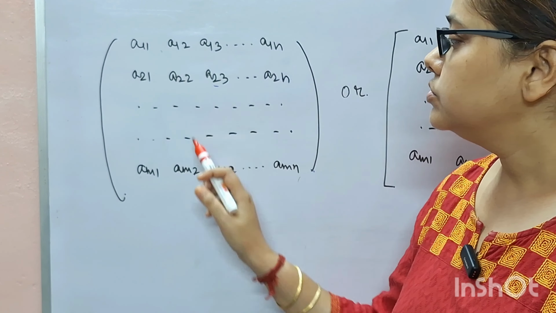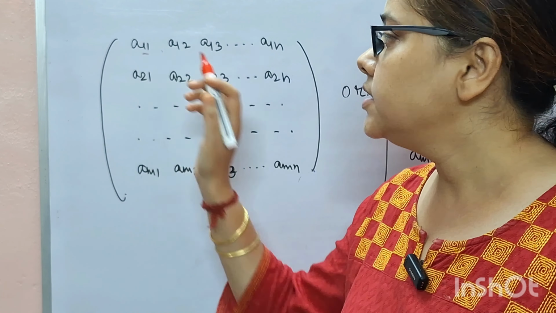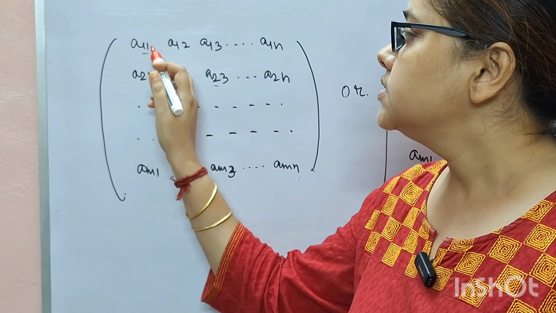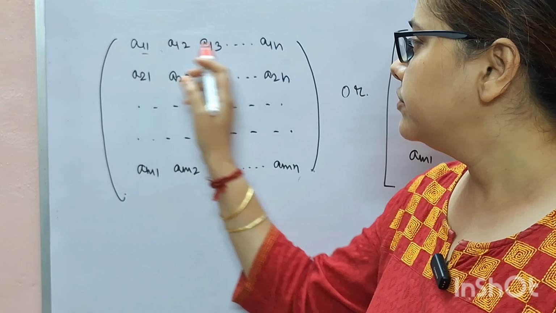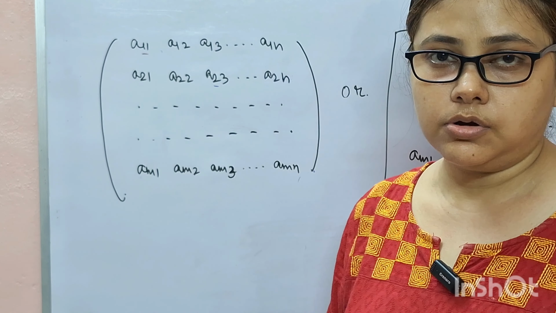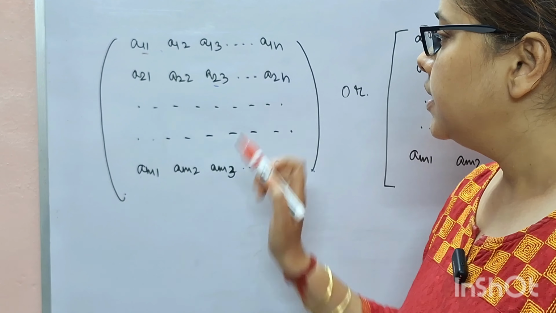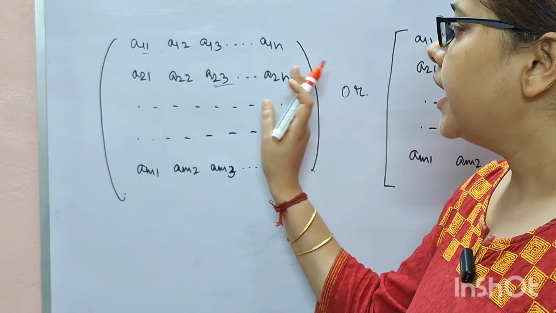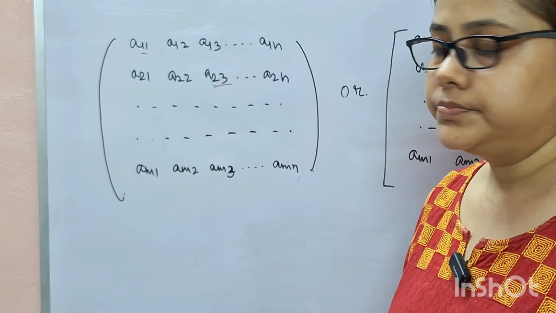So this suffix indicates where the element is situated. A11 means the element is situated in the first row and first column. A23 means the element is situated in the second row and third column.